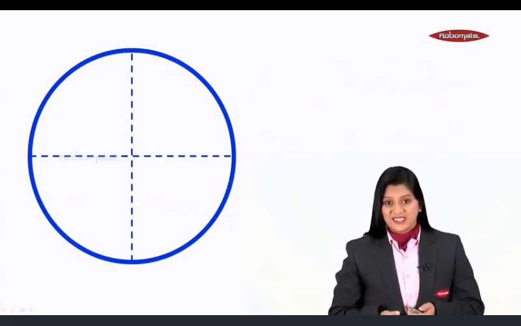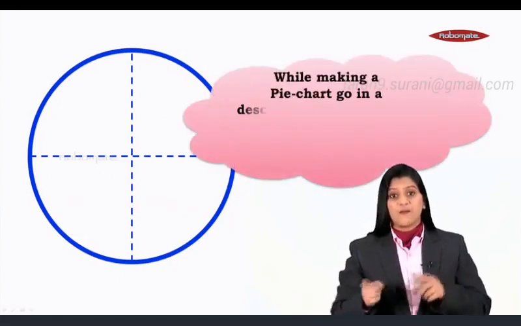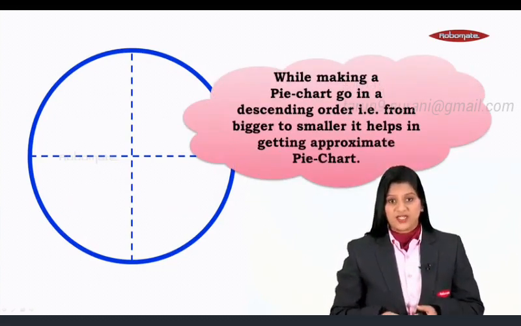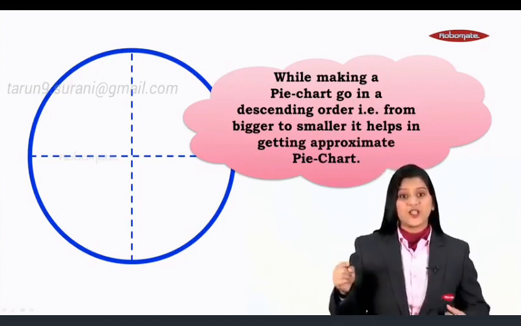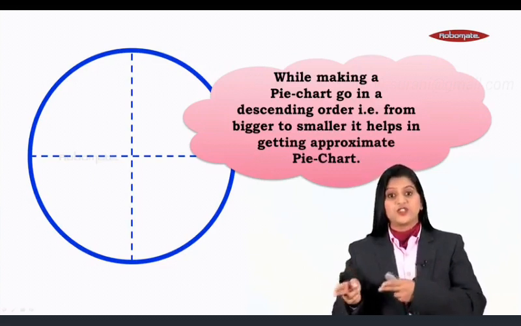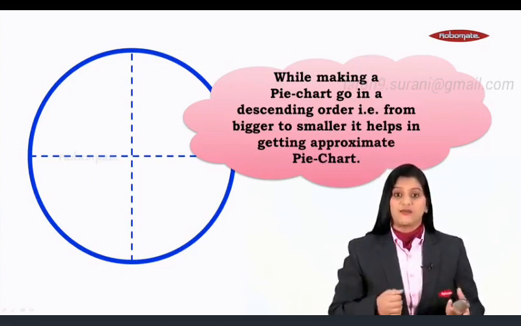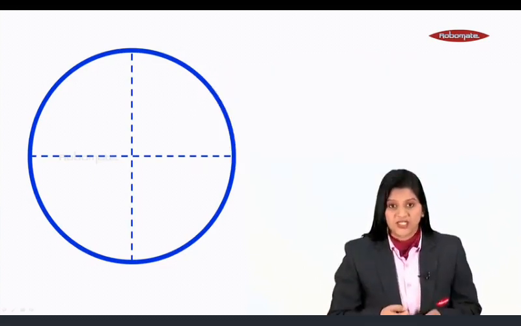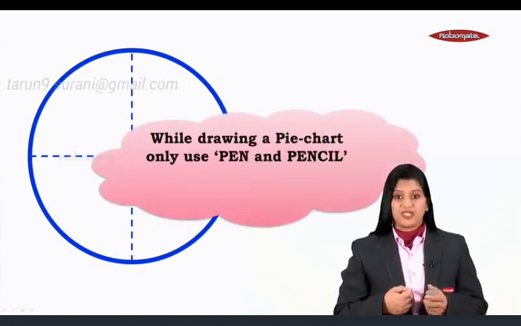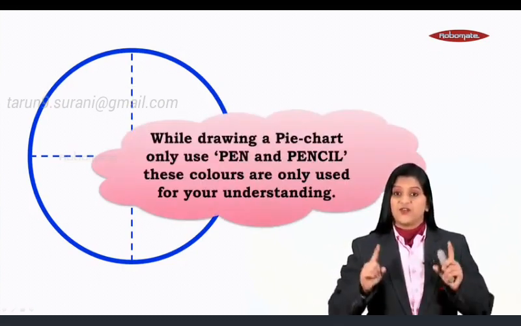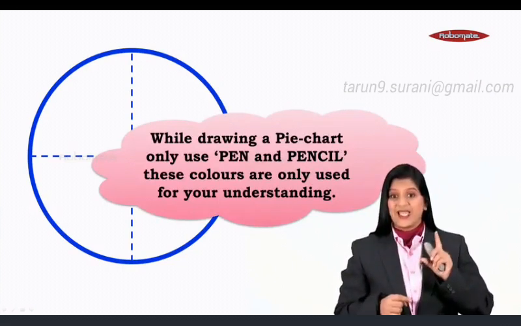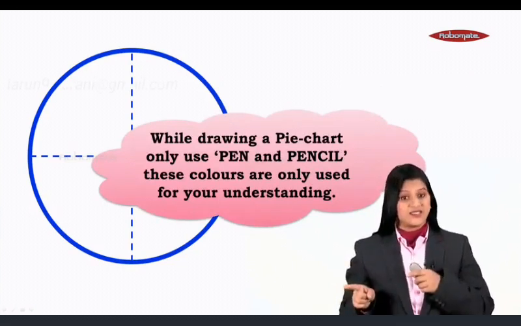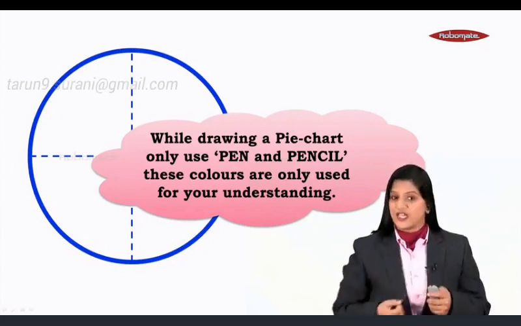Okay, in that case, when you start marking things into the pie chart, remember, while marking a pie chart, go into the descending order, that is from bigger to smaller quantities to help in getting approximate pie chart. Okay, now for example, while drawing a pie chart, first of all, very important instruction, use only a pencil and a pen. These colors that I'm going to use are for your understanding.